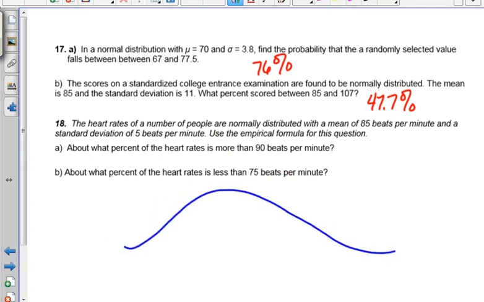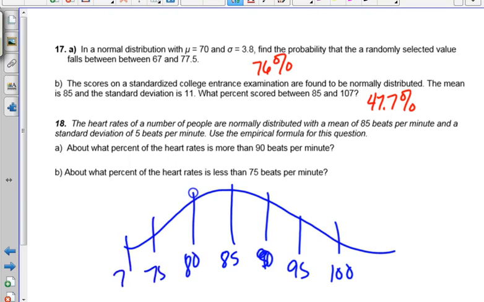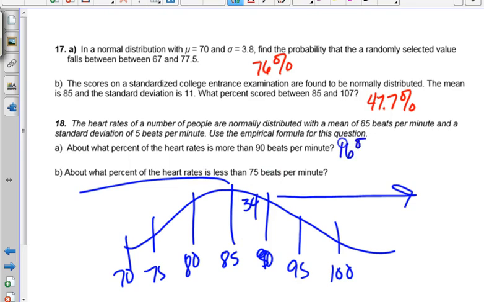Just one more time, the empirical rule. If this one was 85 and it's going up by 5, right? 90, 95, 100, 80, 75, 70. Says what percent would be more than 90? Well, this is 50, right? And this is 34. So 84 this way, so that leaves 16 to be above. Okay. What percent is less than 75? Well, this time we have a 13.5 in here.